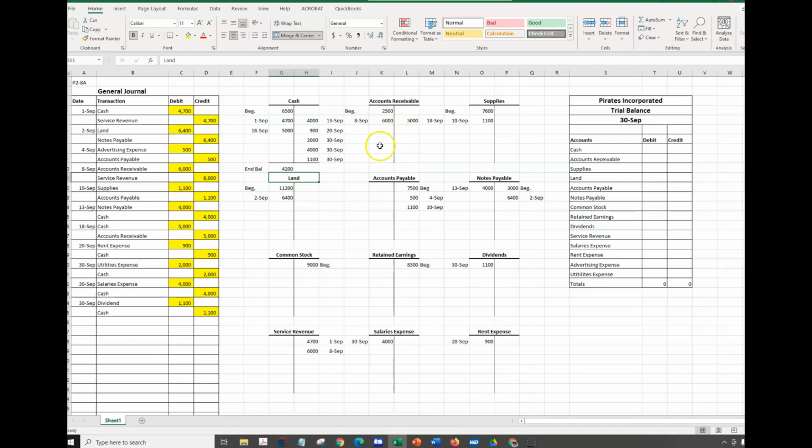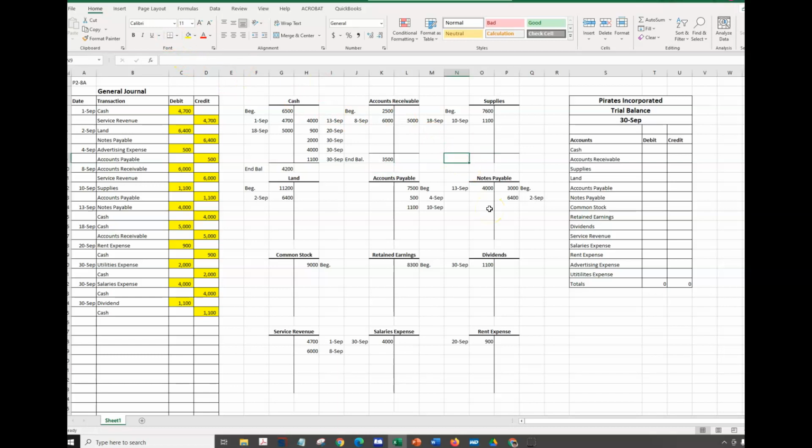Now I'm going to do the same thing over here in accounts receivable. My ending balance, it's an asset, so it's going to be on the debit side. So I'm going to take 2,500 plus 6,000 minus 5,000. The balance is 3,500. Supplies.